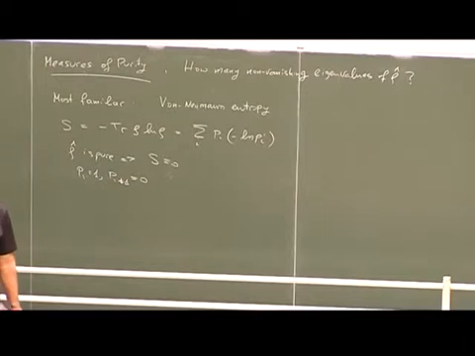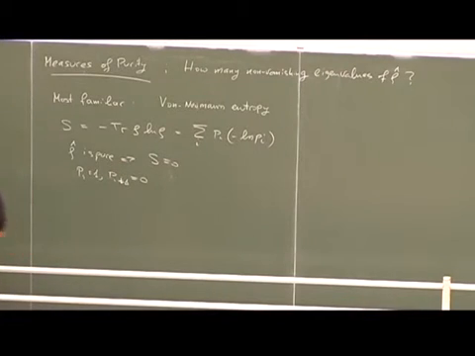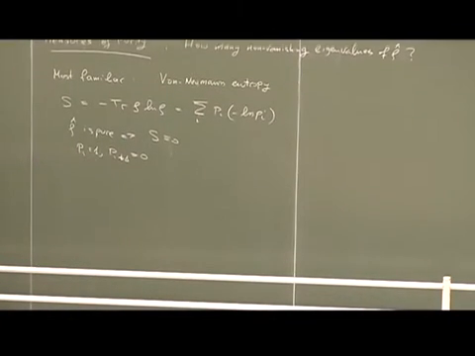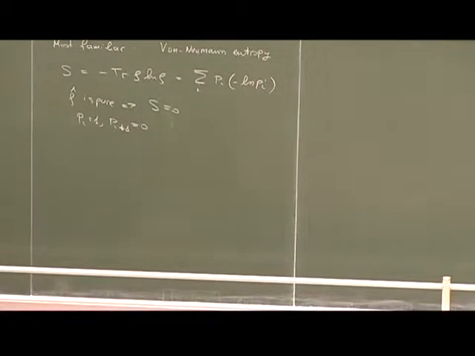So in this case, the contribution of the vanishing eigenvalues vanishes, and the log kills the eigenvalue that is 1, so you get 0. So a pure matrix has zero entropy. This is something that you probably know.